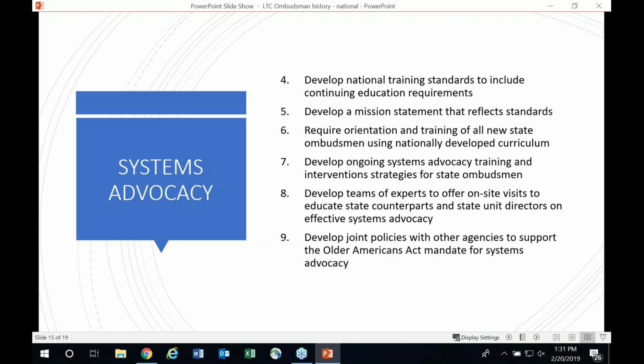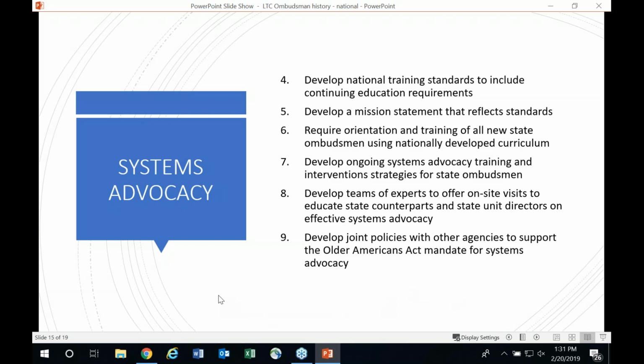And of course, now we do that through webinars like this one and through our annual meetings that we have this year in Orlando. So it was recommended that a team of experts be organized to offer on-site visits to help educate the state counterparts, state unit directors, and others on what systems advocacy is and what effective systems advocacy is for the Ombudsman program.